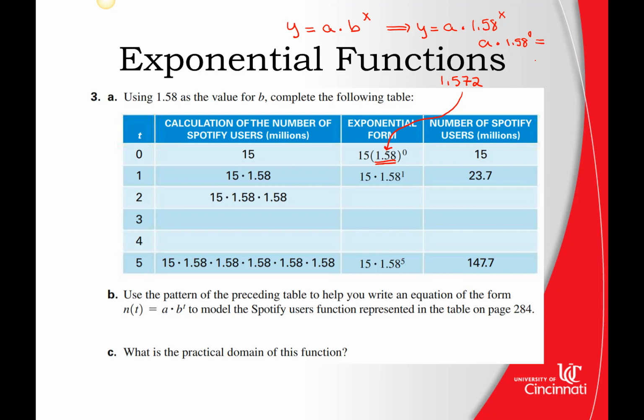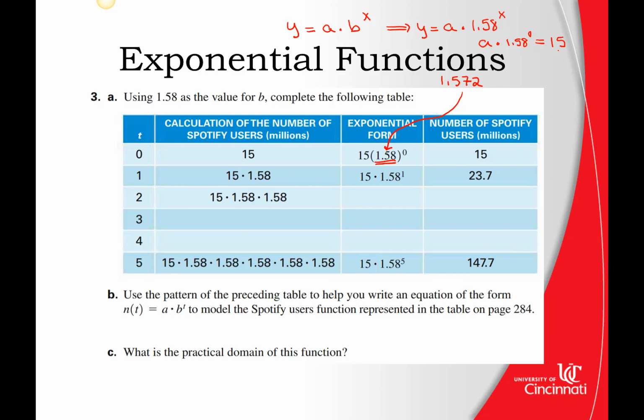When we plug 0 in, we should get 15 out. That's exactly right. Does that make sense to everybody? So we take this equation and we set it equal to 15. Ooh, Chuck, I've never had to solve anything like this before.